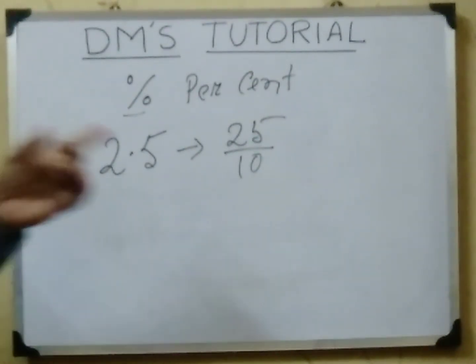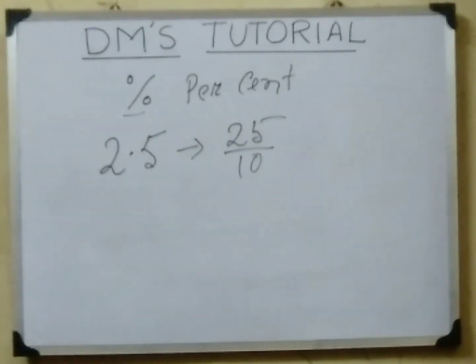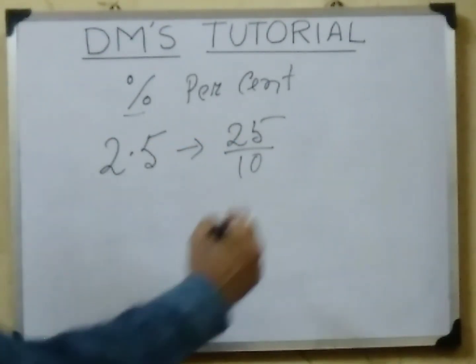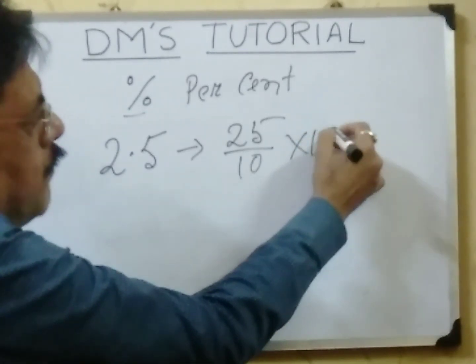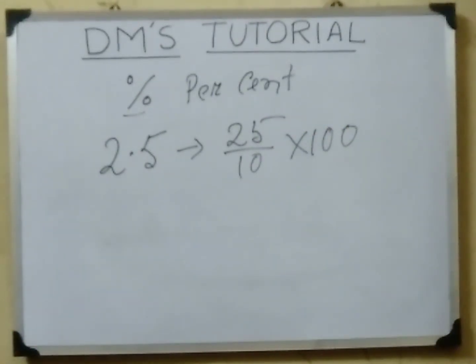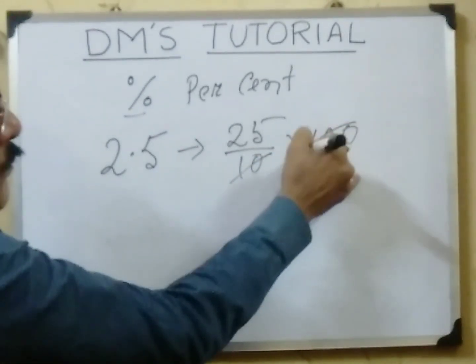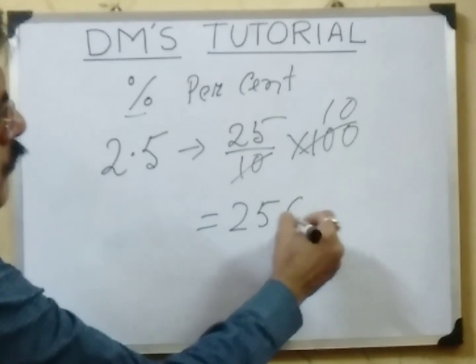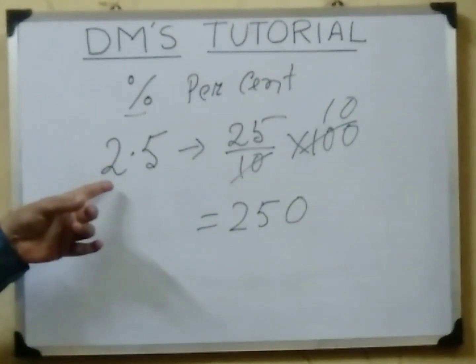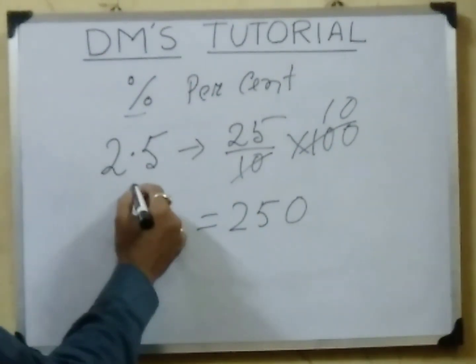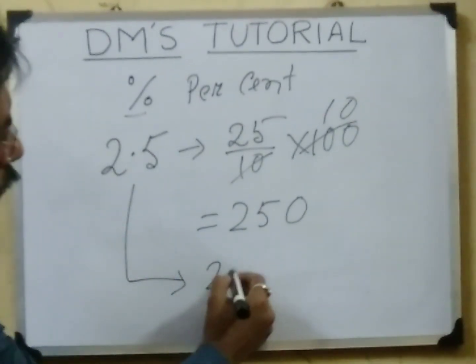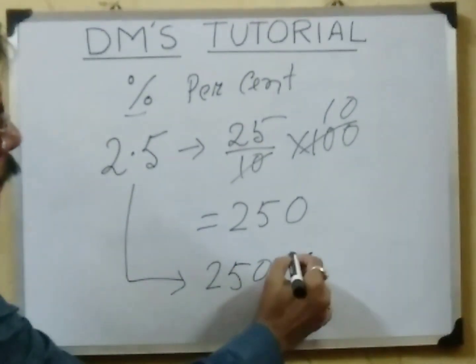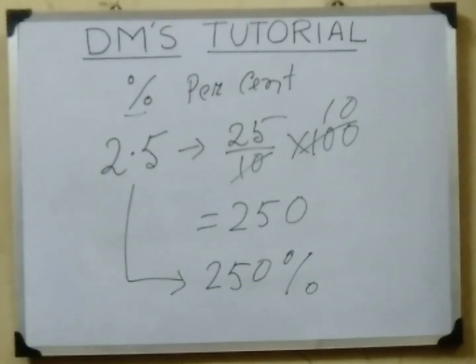Okay. Now convert this fraction into percentage. What can I do? Multiply the fraction by 100. So 2.5 means 250%. Okay, this is also more than 100%, or more than the whole thing.